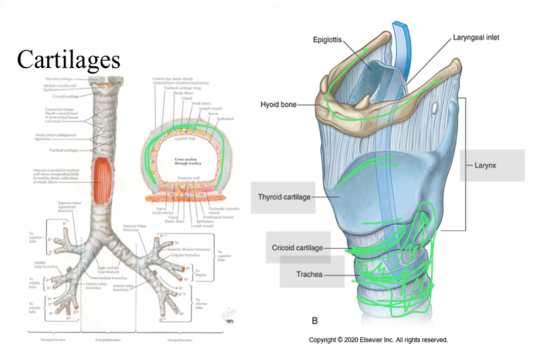And the reason why they're C-shaped is because in the back we have this collapsible tube called the esophagus, and when food's going down the esophagus and it pushes on the trachea as it's passing by, this part will bulge into the actual trachea, and rather than damage cartilaginous tissue, you have this soft tissue here that is condensable, so that you can make room for food going down the esophagus.